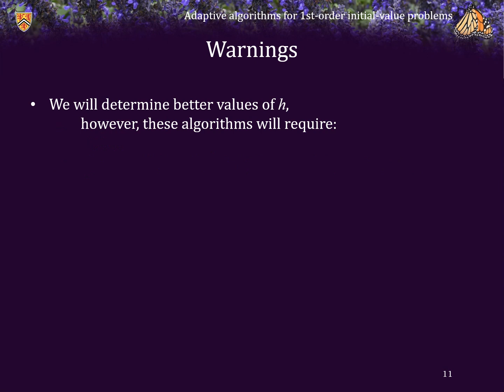All right, so throughout this, we're going to be changing the value of h, making it either slightly larger or slightly smaller. However, when we start executing these algorithms, we are going to require some information from the person wanting to solve the ODE. First of all, we'll need a minimum value of h. Why is that?